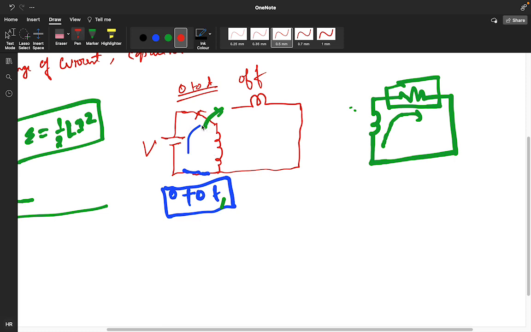When the switch moved from this point to this point, whatever energy was stored will flow in this circuit, and this bulb will glow for a certain time, not for an infinite time, from t to t1 second. That's why we see the bulb glowing in that kind of a circuit.